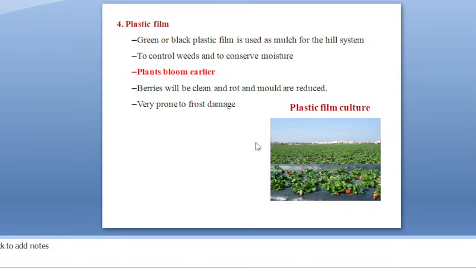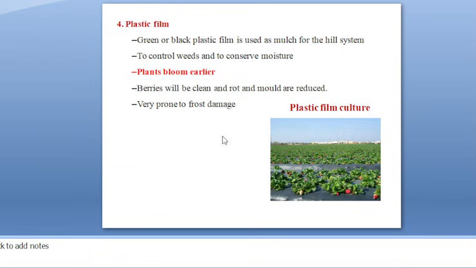Hill system of planting: here the plant has the ability to produce only a few suckers or runners. In that place we can use the hill system, or where there is a scanty availability of planting material. Then plastic film, which is commercially followed mainly wherever strawberry orchards are established commercially.